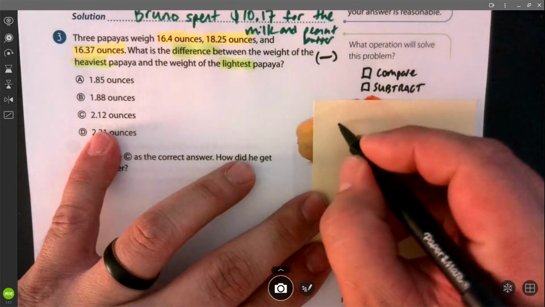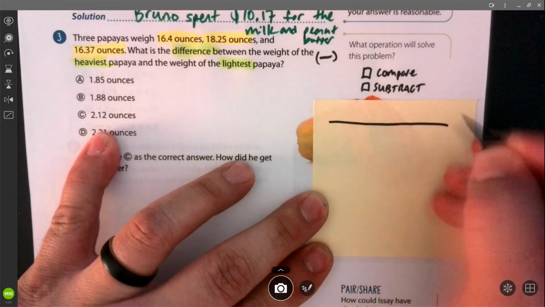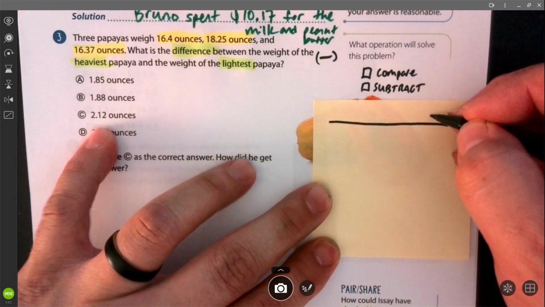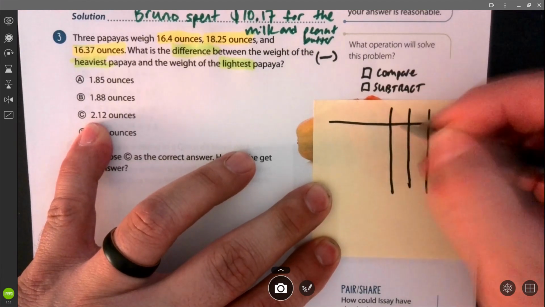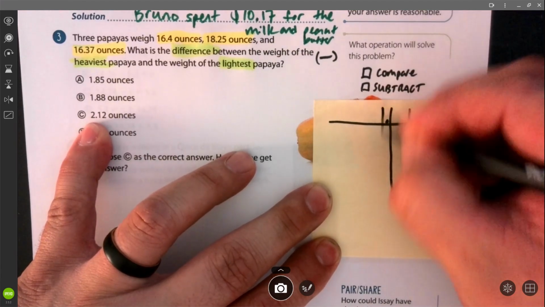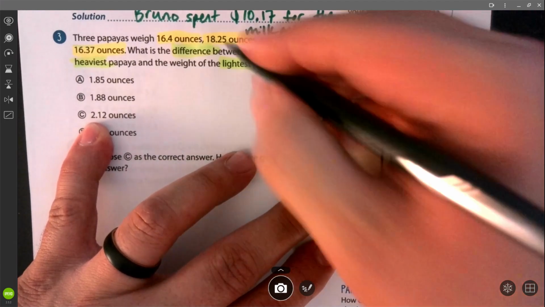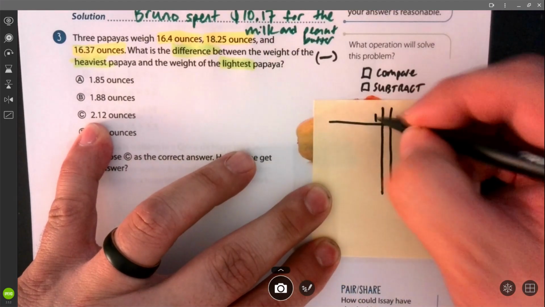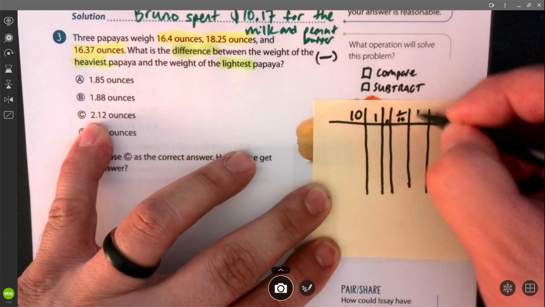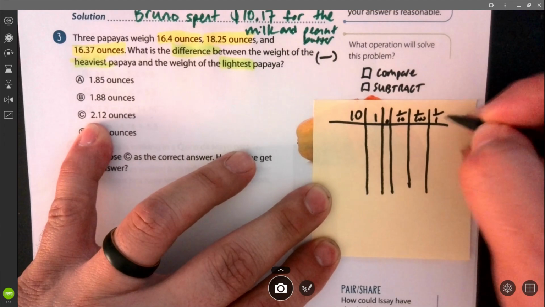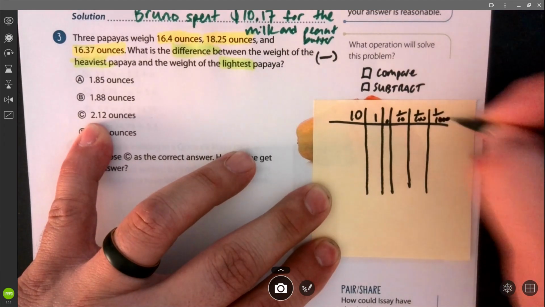Remember, when we compare decimals to see greater than, less than, or equal to, we use our place value chart. We've been doing a lot of this. I need to go out to my tens place, then tenths, hundredths, and thousandths.